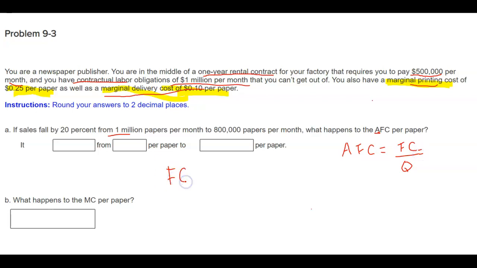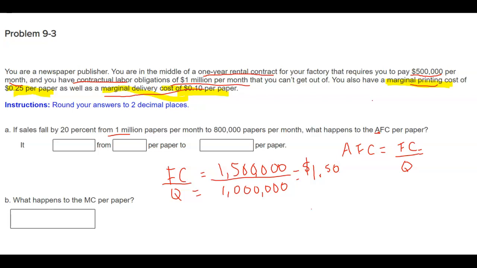that's over here, is equal to 1,500,000 divided by the number of newspapers that we're making, which is 1 million, and that's going to give us per unit, its fixed cost, $1.50 per paper.